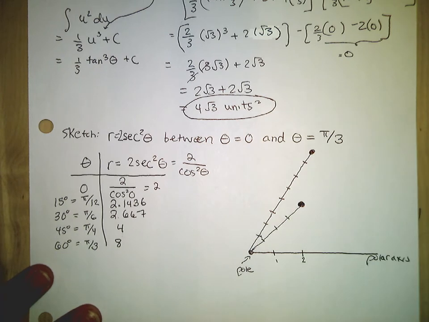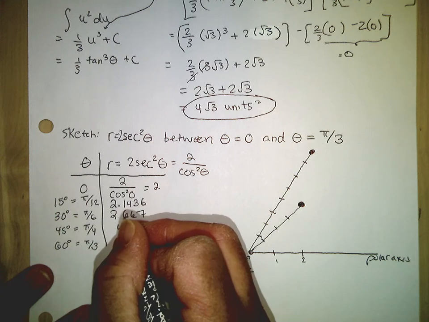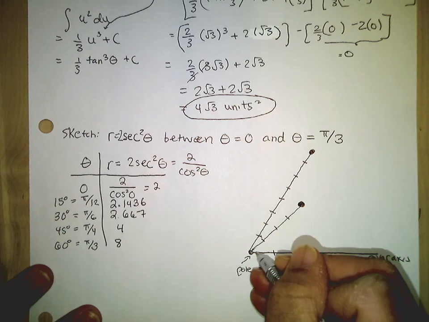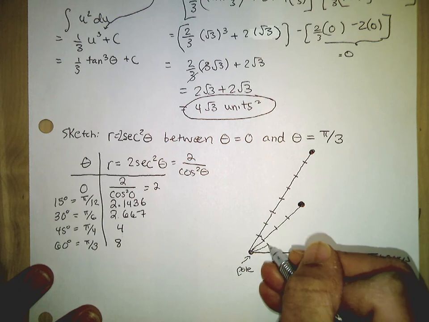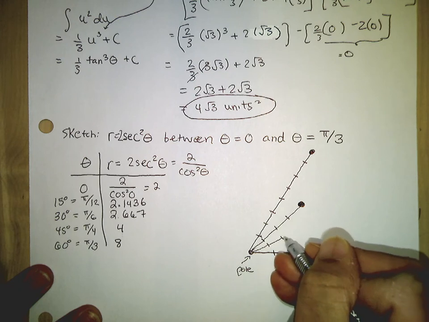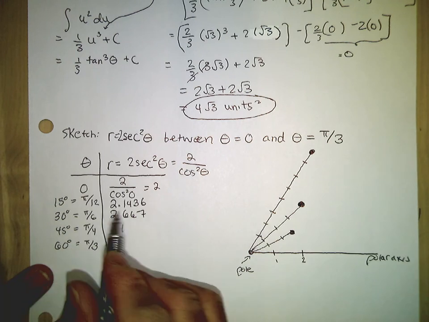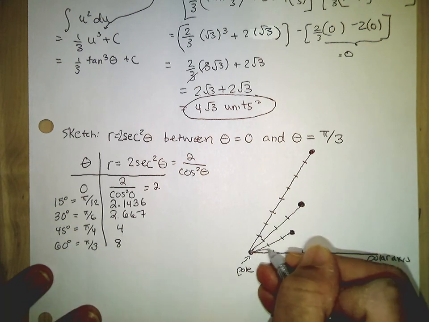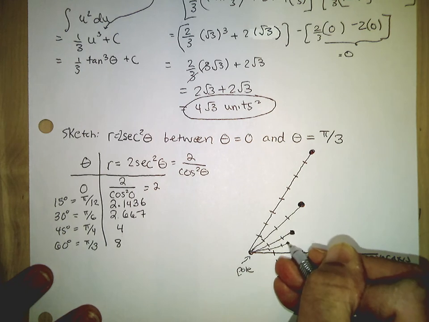And at pi over 6, we get about 2.7. So pi over 6, let's see, 1, 2, and then a little bit like 2.67. Right? And then at pi over 12, 2.14. So 1, 2, and then a little bit past that.